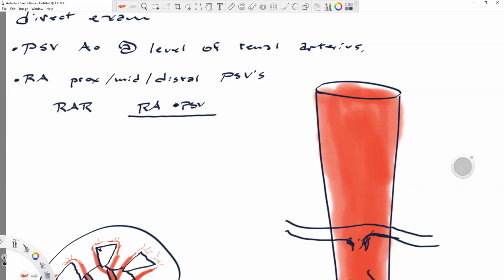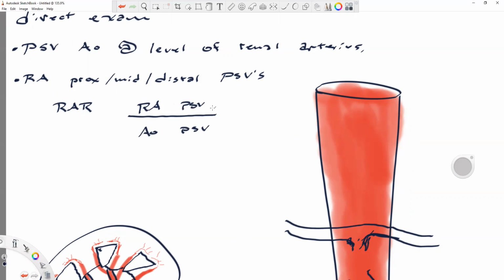That's not a minus sign, that's not a times sign. In fact, I'm going to erase that. I don't want to confuse. All right, renal artery peak systolic velocity divided by the aortic peak systolic velocity.